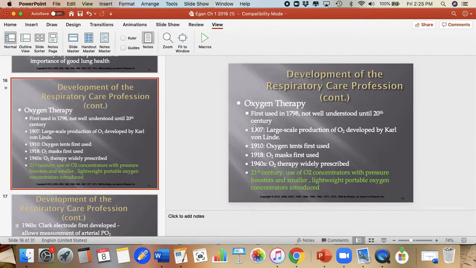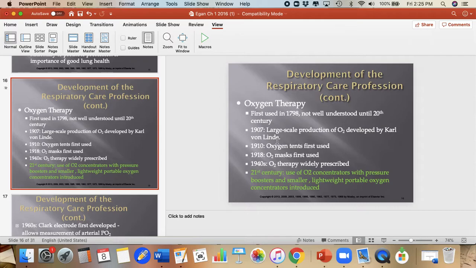Here are some of the advancing dates of where oxygen therapy started and where it is today. But in the 21st century, the use of O2 concentrators with pressure boosters and smaller, lightweight, portable oxygen concentrators was introduced. So not until recently have we been able to have oxygen concentrators that are small and lightweight and portable.